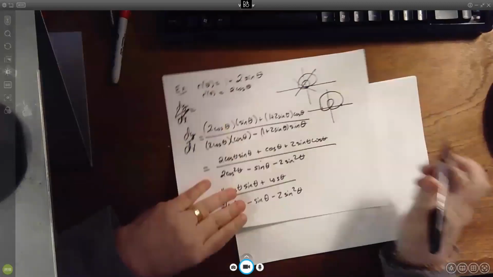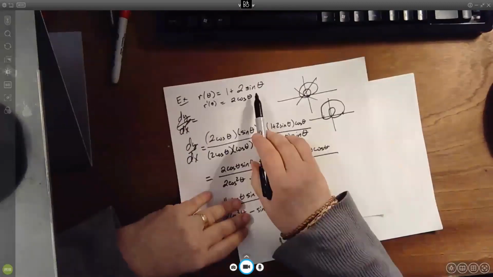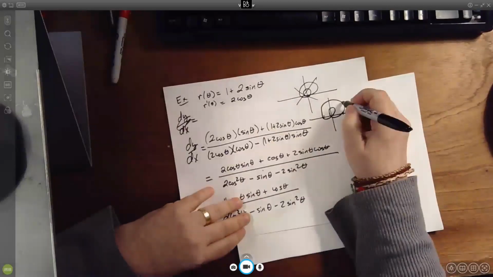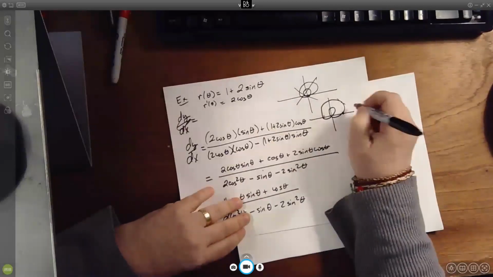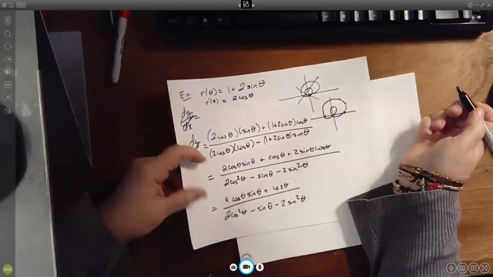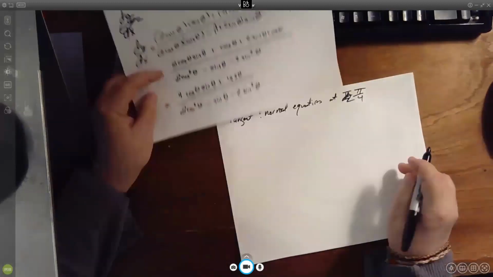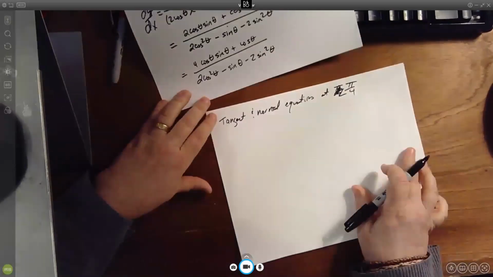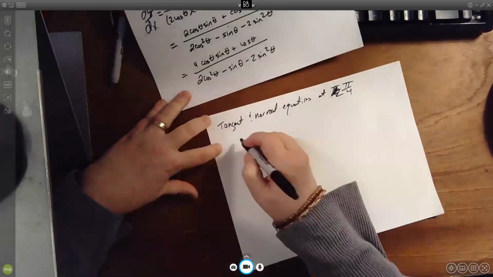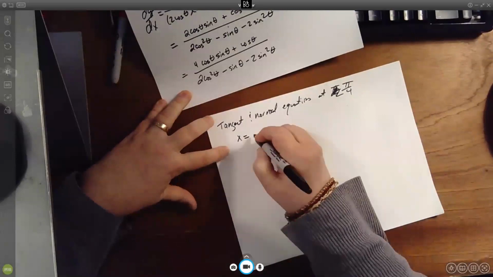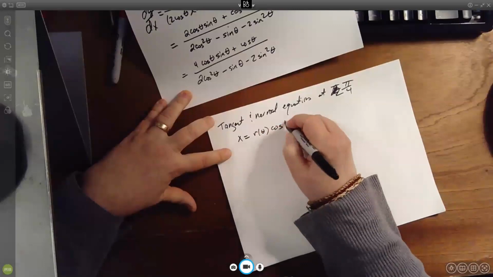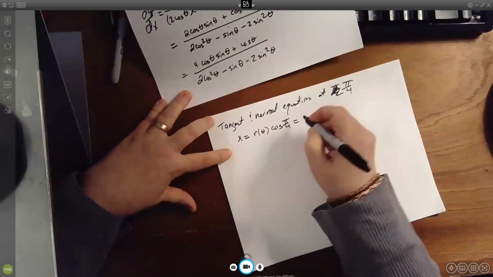Pi over 4, I'm going to get 1 plus the square root of 2. So there, I'm looking for this. I may not be drawing that correctly. First off, what are the points? Well, my x point is r of theta cosine of pi over 4, or r of pi over 4.